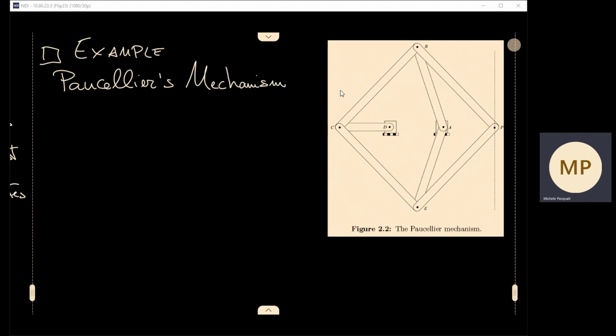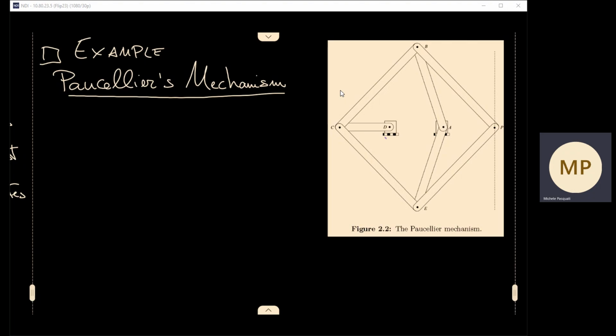Okay, and it was typically used to do what? How does it work? So basically here you have two fixed elements, two fixed bodies, which are attached to the ground if you want. And then you have a series of links, which basically would be simplified this way.